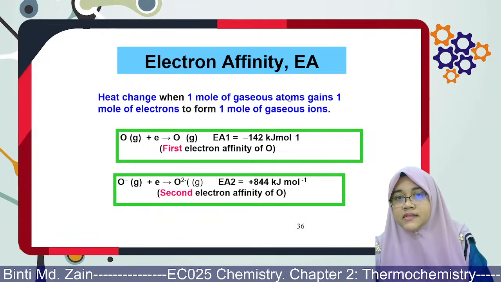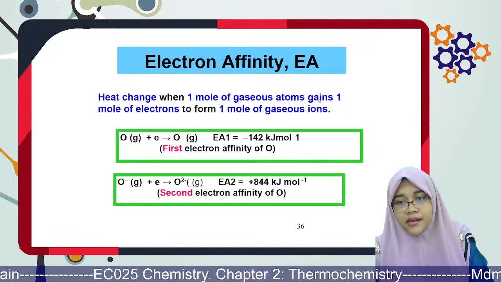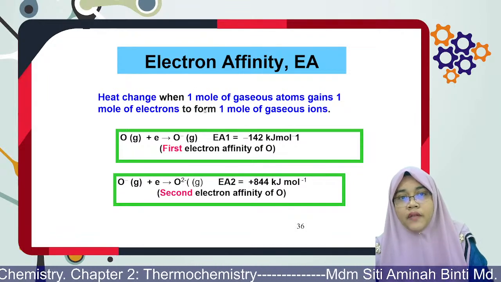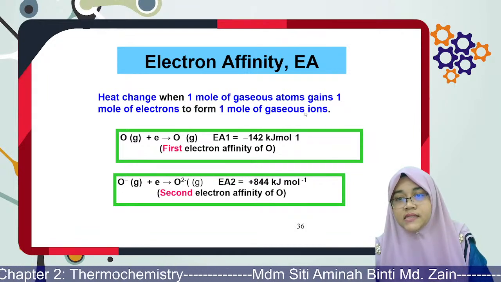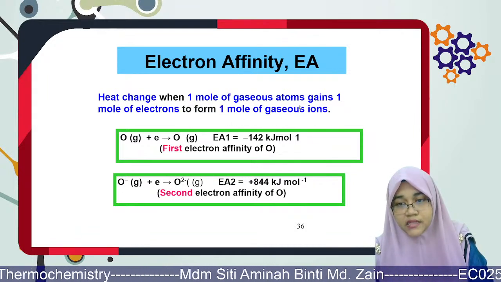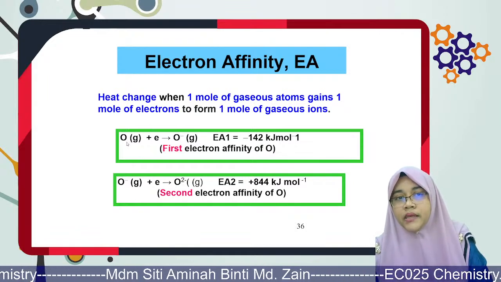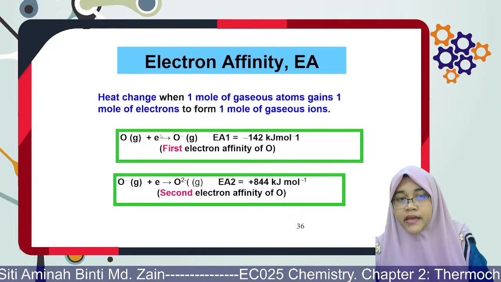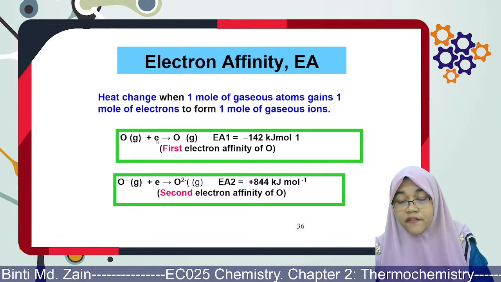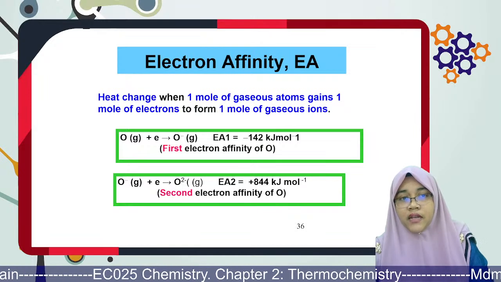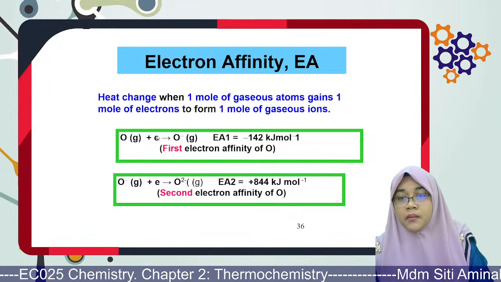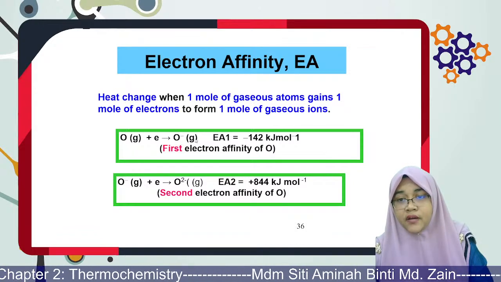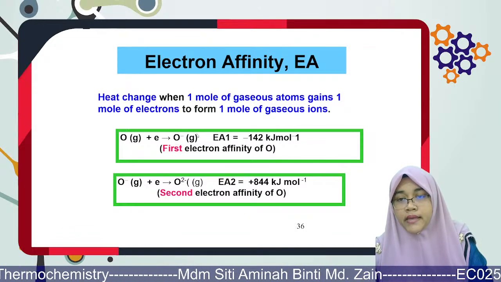When 1 mole of gaseous atom gains, the word here is gain, receives 1 mole of electron to form 1 mole of gaseous ion, 1 mole of negative gaseous ion. Okay, for example, here we have oxygen gas. After receiving 1 electron and putting it in the valence shell, the oxygen atom turns to be oxygen negative gas, O minus gas.